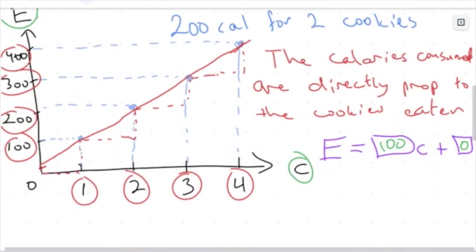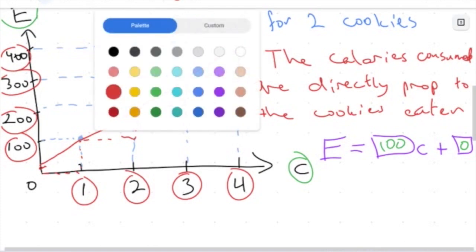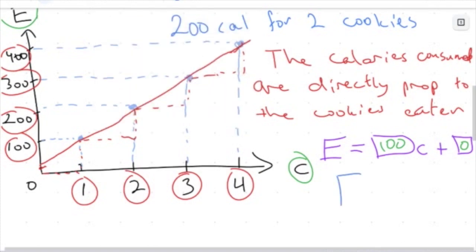So the linear relationship I end up with here is E equals 100C.